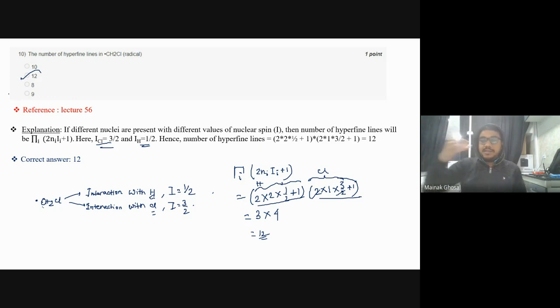More lines are possible, but you only get two lines because of the selection rule. That I have discussed, and for different nuclei environments, how many peaks will be there. I have also discussed why ESR is taken in a differential or derivative form. Okay. So this is the discussion of ESR spectroscopy.